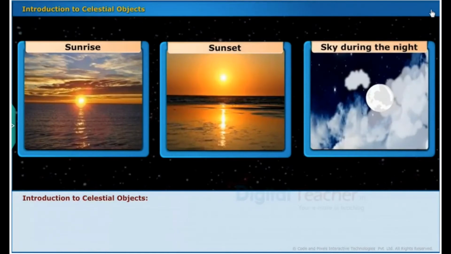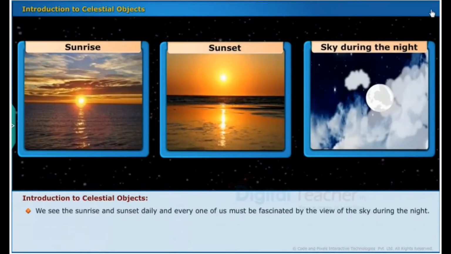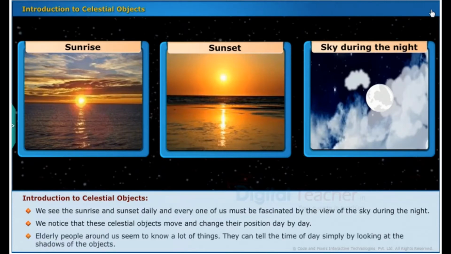Introduction to celestial objects. We see the sunrise and sunset daily, and every one of us must be fascinated by the view of the sky during the night. We notice that these celestial objects move and change their position day to day. Elderly people around us seem to know a lot of things.